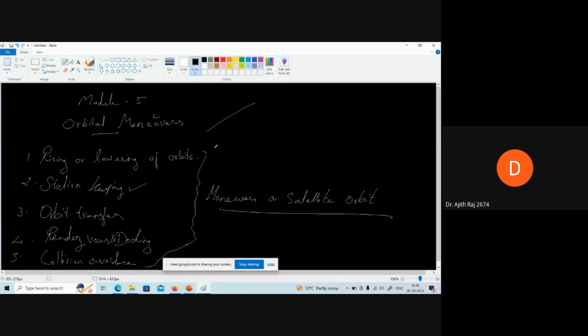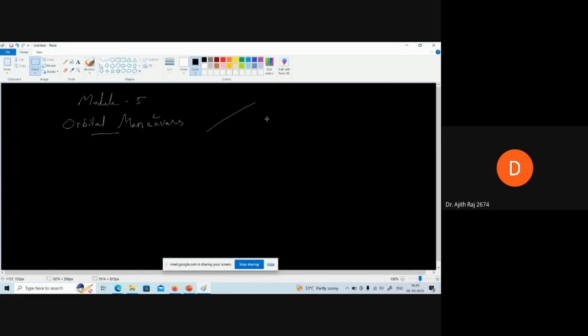Now there are two types of maneuvering we are using. One is with respect to velocity and altitude, and another is with respect to the orientation. So one is single impulse maneuvering.